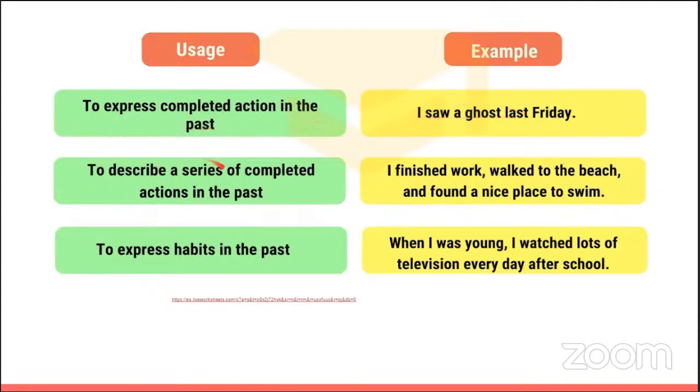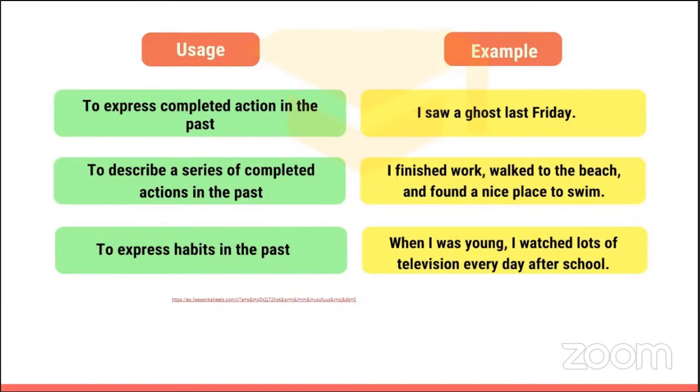To describe a series of completed actions in the past, like, please, can you read this example? Okay. I finished work, walked to the beach, and found a nice place to swim. Perfect. And also to express habits in the past. Okay. When I was young, I watched a lot of television every day after school.